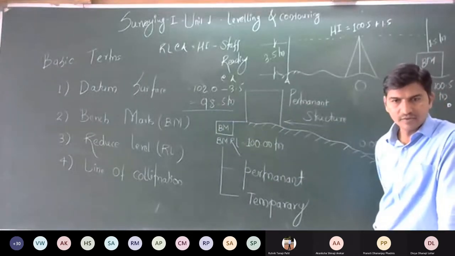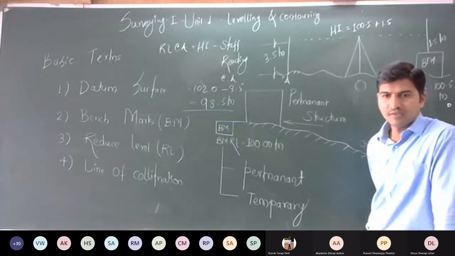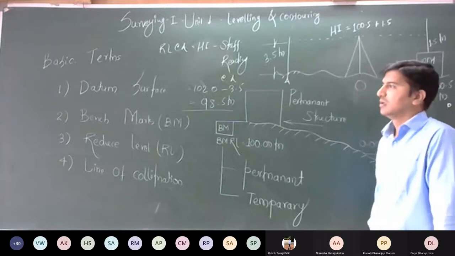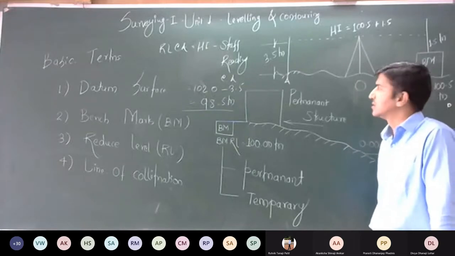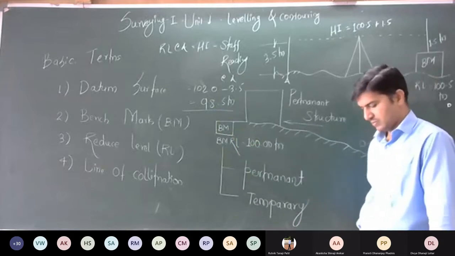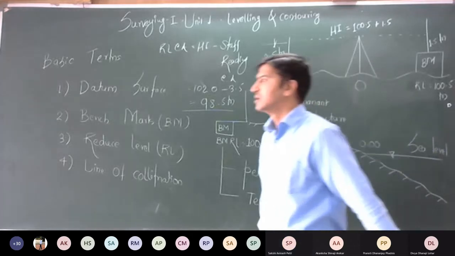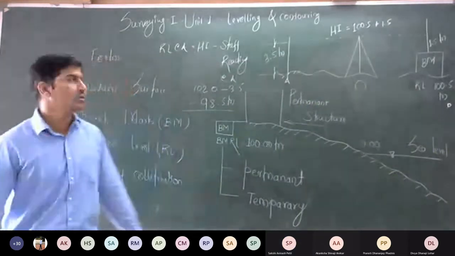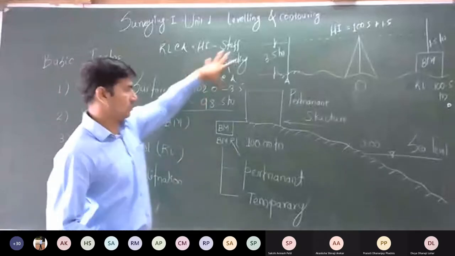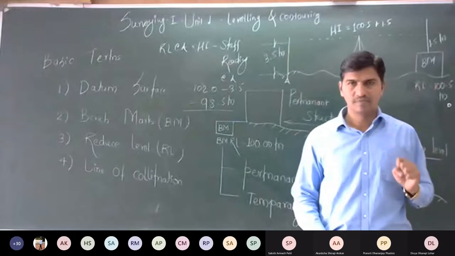Please unmute yourself and tell me the answer. I hope you are not using any calculators. Try to do the calculation on your own if it is very simple. So this is how we can find out the reduced level.